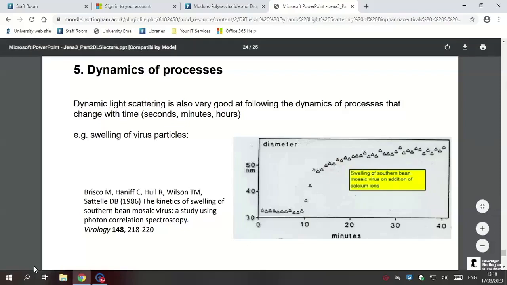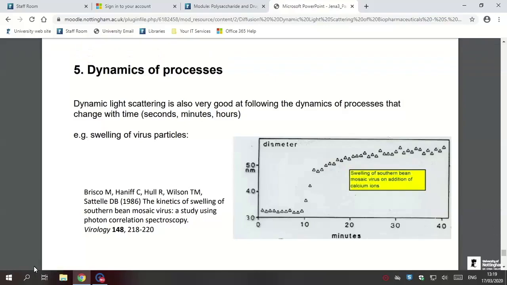it plateaus off. This is a simple demonstration, and we've done a lot of work ourselves on looking at viruses, bacteriophages, and also bacterial spores, how they germinate in response to a stimulus and how they change volume, and also bacterial spores in response to disinfectants.